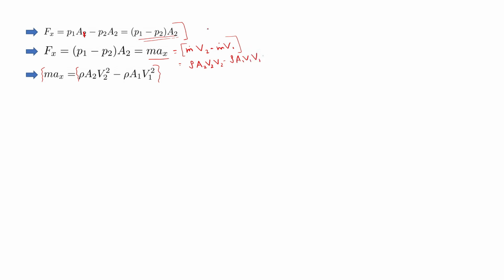Both rho A2 V2 is equal to rho A1 V1. This is the one-dimensional continuity equation. So this will become rho A2 V2 square minus rho A1 V1 square.